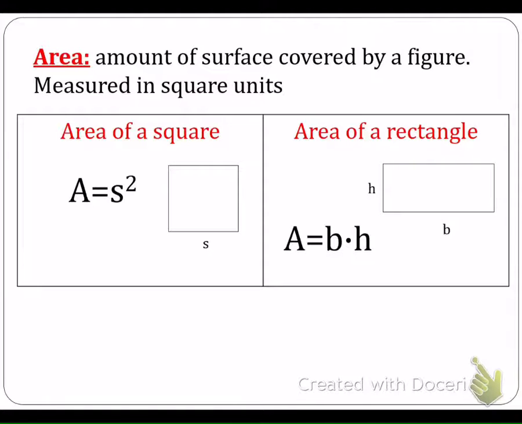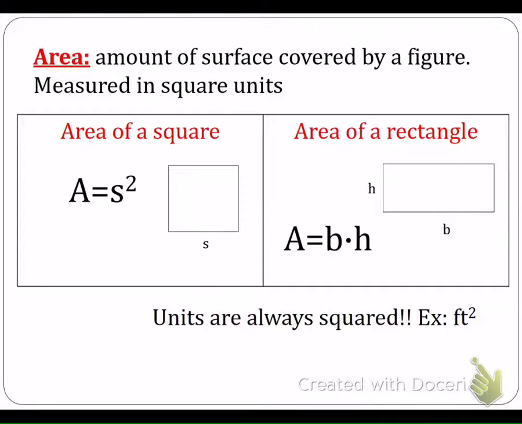Some people call this length and width. That is fine as well, okay? And then units are always written as whatever the unit was squared, okay? So if it was like inches, you'd put IN squared. When you say it out loud, we say square inches, but it's written as inches squared.